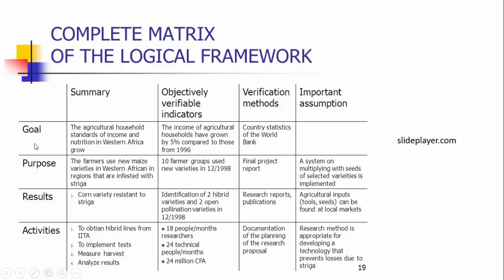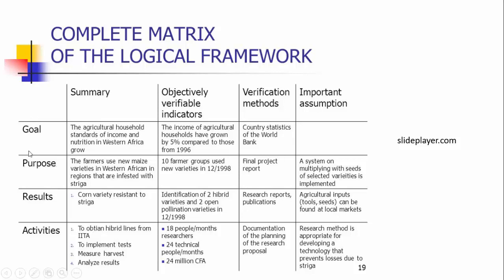Now I have to explain this because sometimes the LFA matrix is not standard. Each organization you go to will have their own format, because what is written here as goal, in some other matrices, other LFAs, will be written as impact.